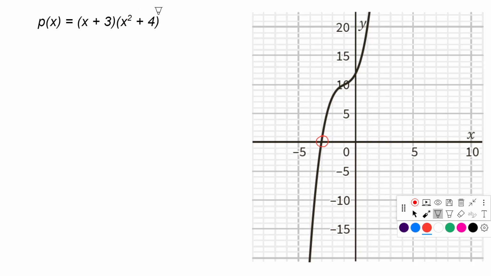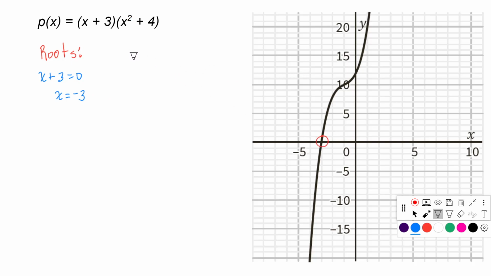And I can take these factors here to find my roots, and it will indicate that negative 3 is in fact a root. If I take x plus 3 and set it equal to 0, well, x is going to have to be negative 3 in order for that to work. So that x-intercept is a root.